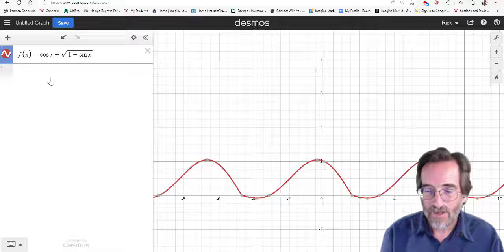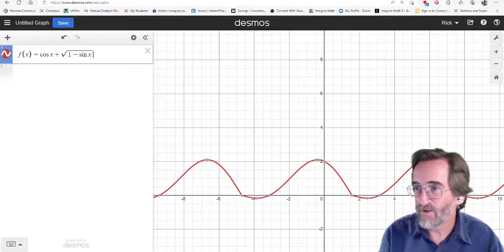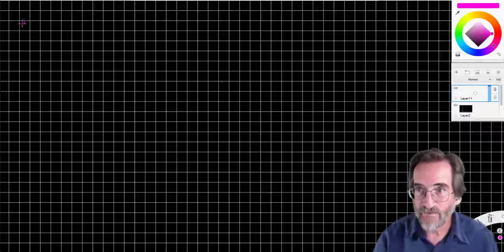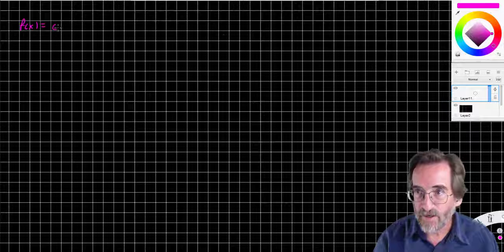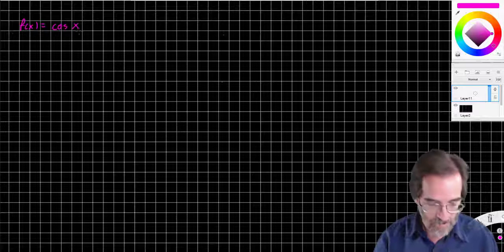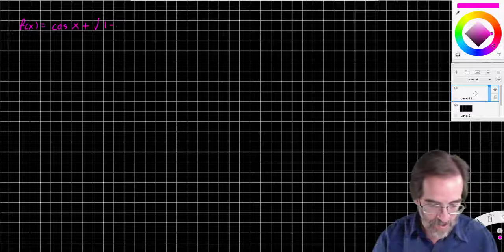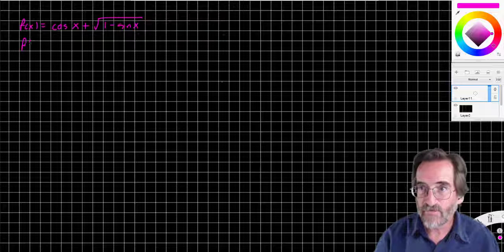So let's find the function value at pi over 6. Our function is f of x equals cosine x plus the square root of 1 minus sine x. I'm interested in finding f of pi over 6.